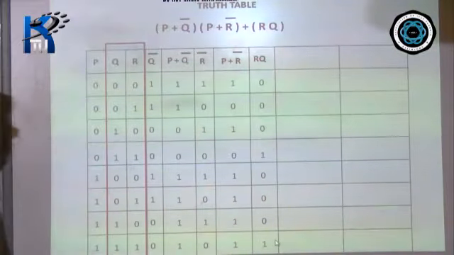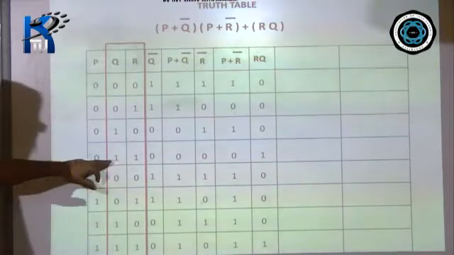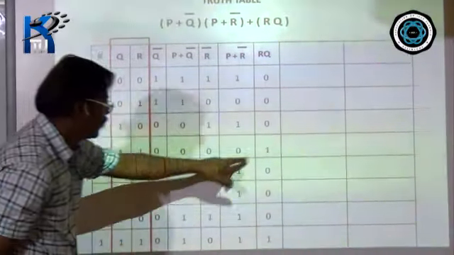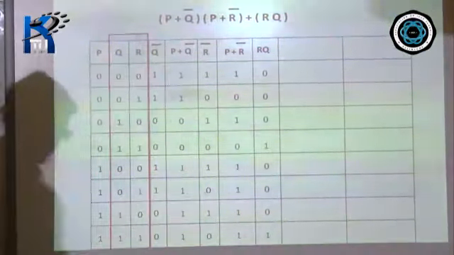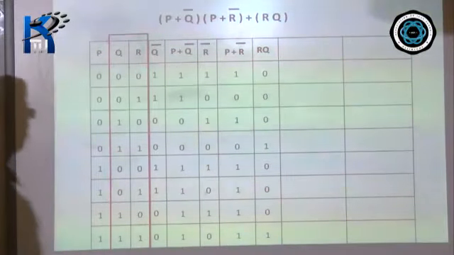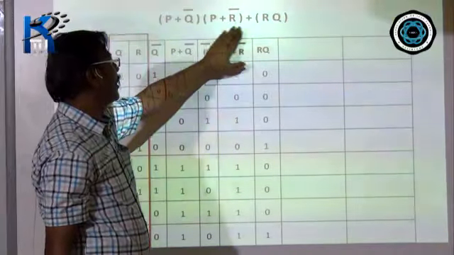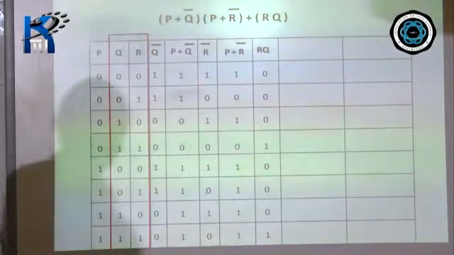So only in 2 rows we have got 1. This row both are 1, and the last row is 1, 1. Fine? So we have solved whatever is inside this bracket, and whatever is inside this bracket. We have solved these 3.